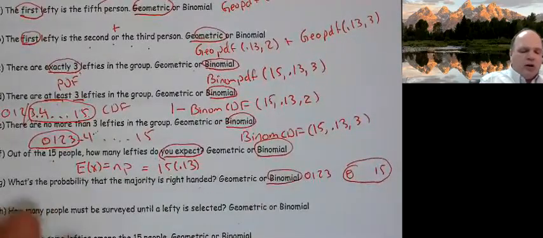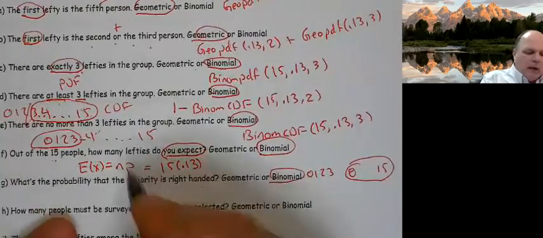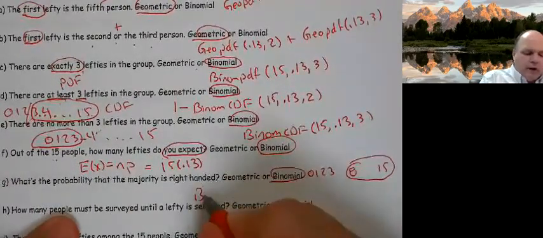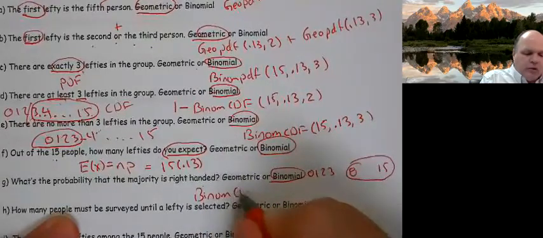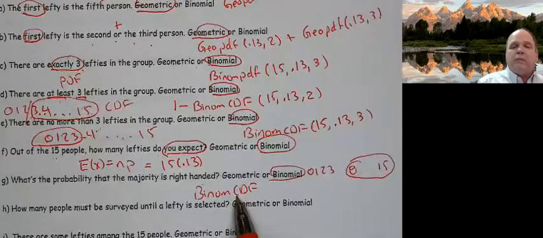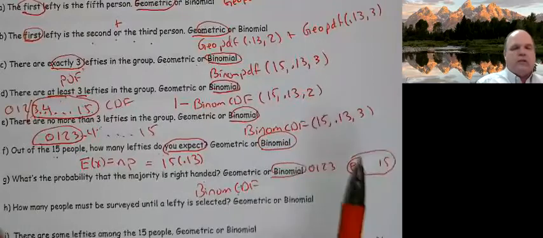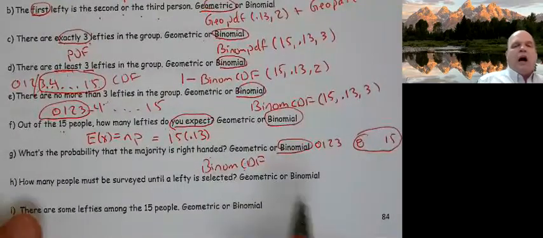Because we have multiple values, it's going to be a CDF. I don't want to get into how this one plugs in right now, because it's a little bit complex. But this would be a binomial CDF because we have multiple values and a specific number that we want.